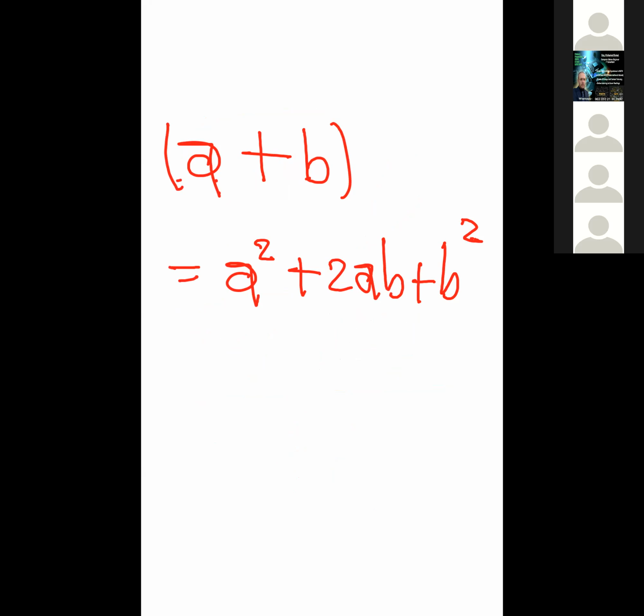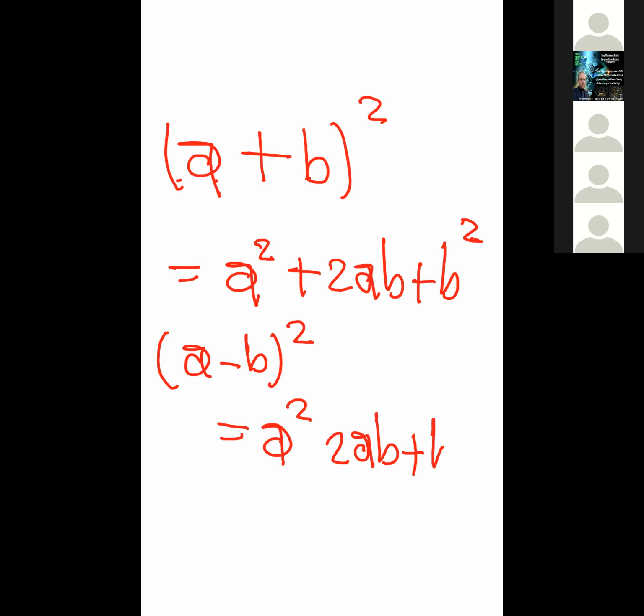If it's minus, like a minus b squared, it will equal the same result, a squared minus 2ab plus b squared, but the only difference is in this sign. Now it's clear? Yes, clear.